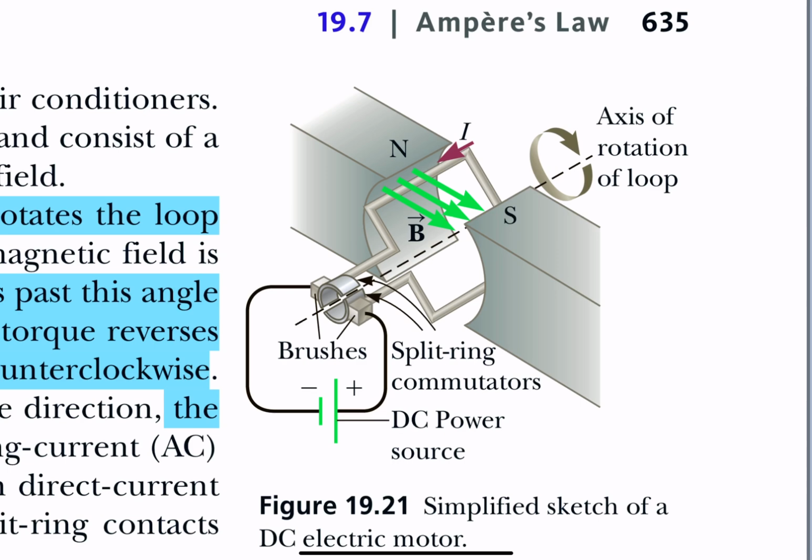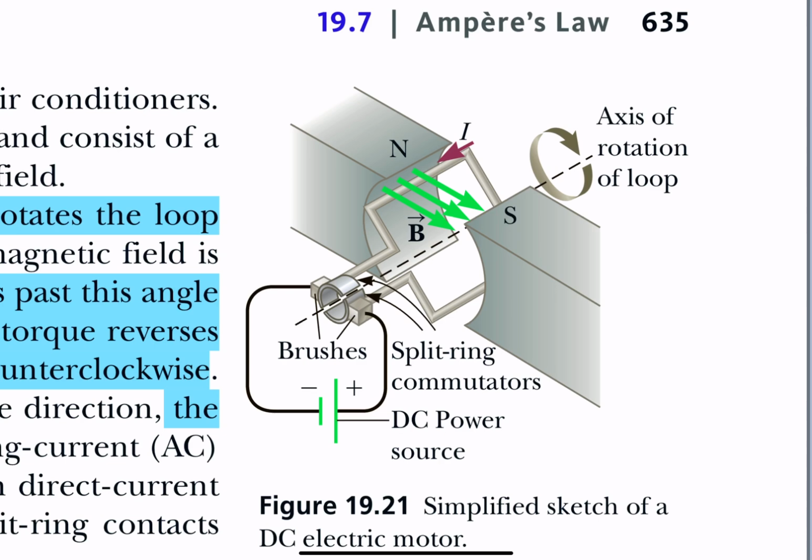And in order to keep this loop of wire from twisting all up as it rotates in that magnetic field, experiencing a force on both sides of the loop, we attach it so that it can slide smoothly across brushes. Each wire is connected to half a ring, a semicircular ring, and that ring brushes up against the brush.